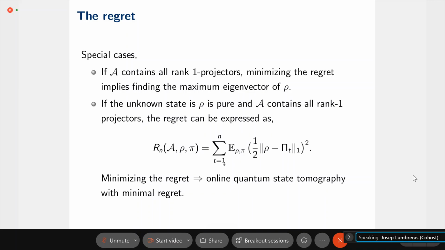That is the sum from 1 to n of the expectation value of the trace distance between the unknown quantum state and the rank 1 projector, trace distance squared. So minimizing the regret implies minimizing this trace distance. This can be seen as online quantum state tomography with minimal regret.